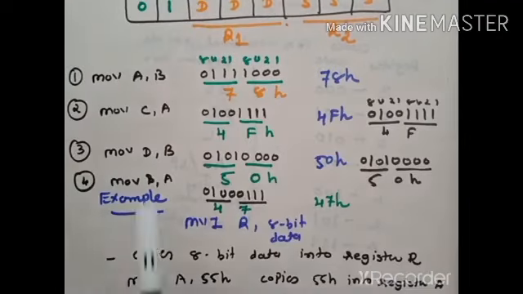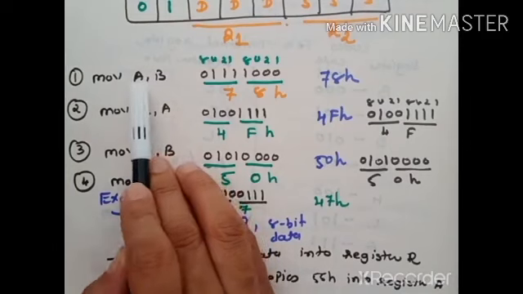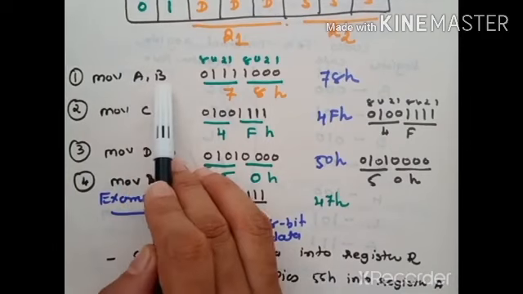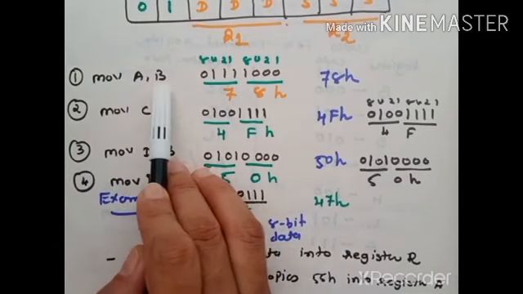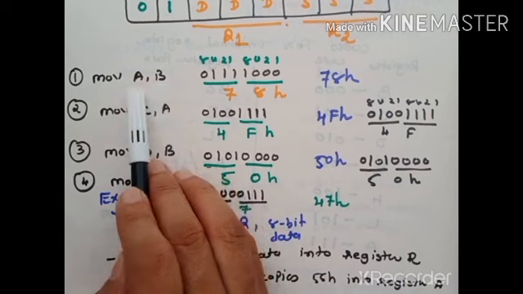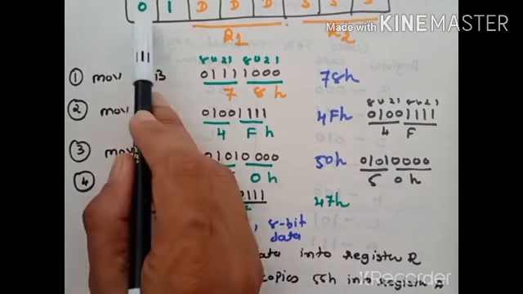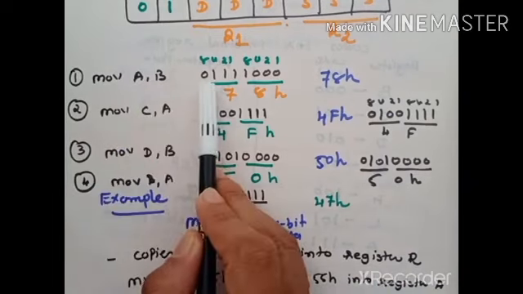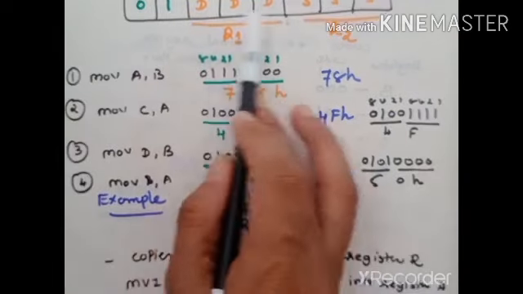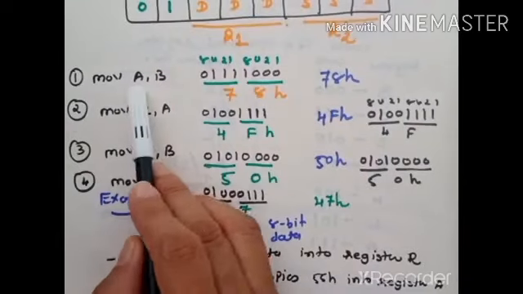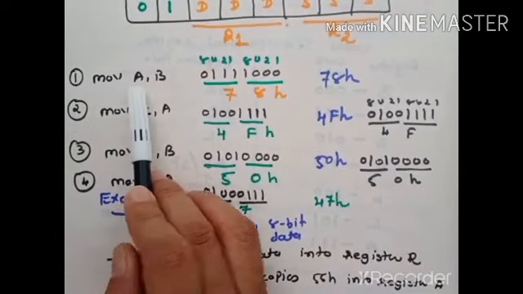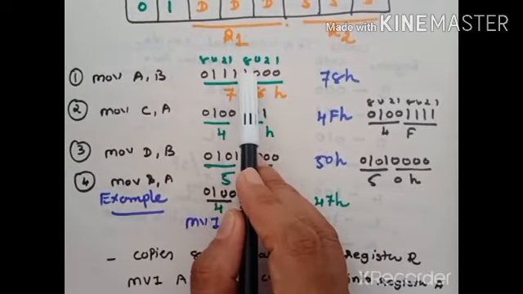Then an example like MOV A, B. In this, B register is the source register and A register is the destination register. So first 01 is fixed. Then, which register is used as the destination register? A. The equivalent code for A is 111.